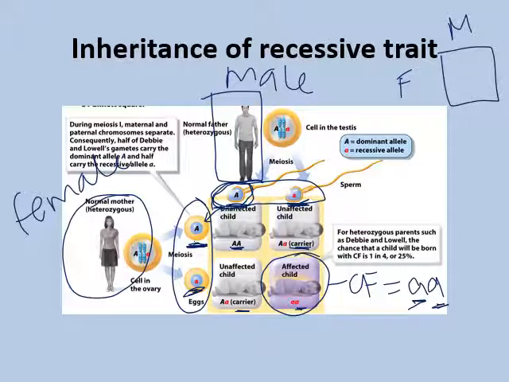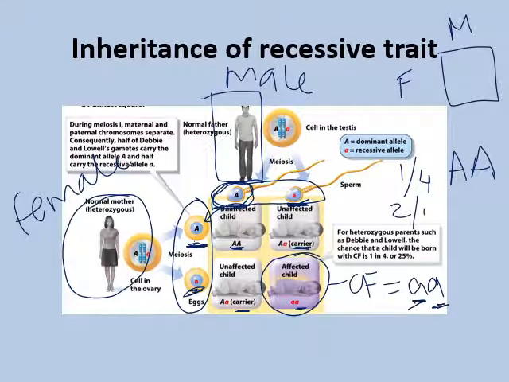So now we can actually calculate out what the probabilities of having these children are. So a lot of times when you're a carrier, you don't necessarily know it, right? Because you're not showing that phenotype. So it's not obvious that you're a carrier necessarily. But if we know that we're a carrier and say we know we're reproducing with another carrier, then we know we've got a 1 in 4 chance of having a homozygous dominant individual.